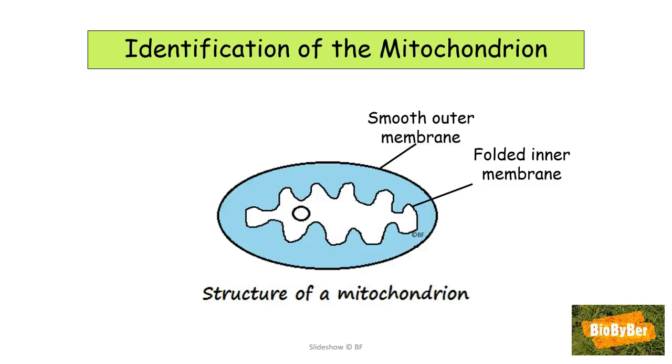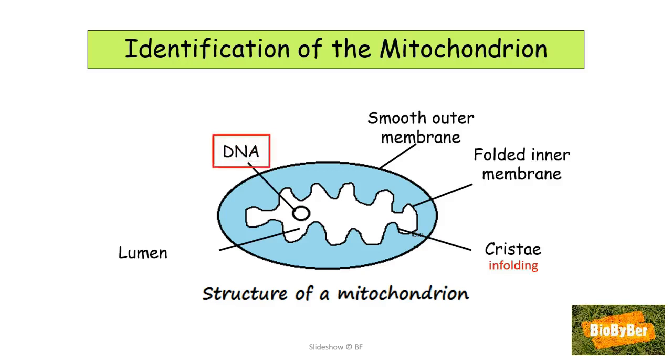The individual little folds are called cristae. The centre of the mitochondrion is called a lumen, and the mitochondrion has a loop of DNA. This is a vital point because a mitochondrion, along with a chloroplast, are the only two organelles that have their own DNA outside of the nucleus of a cell.